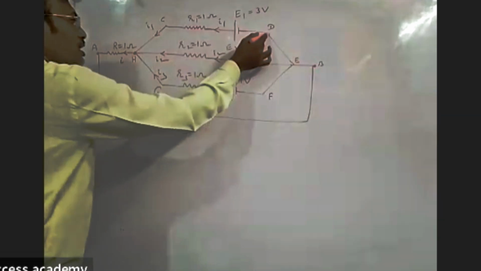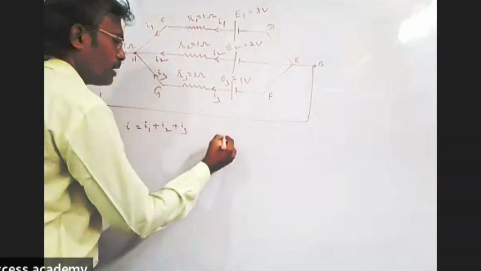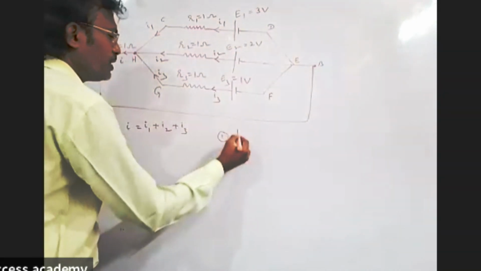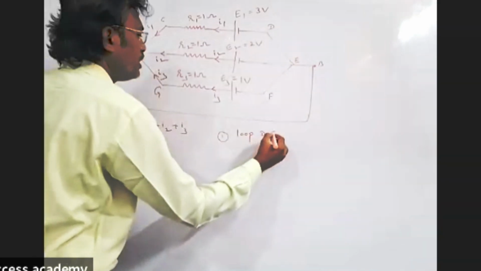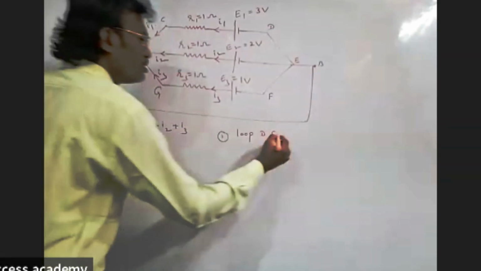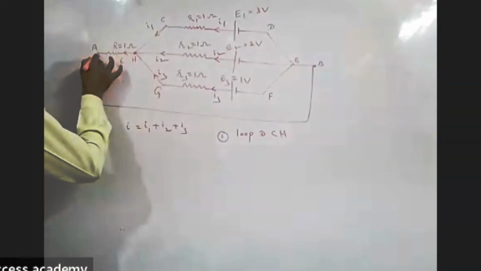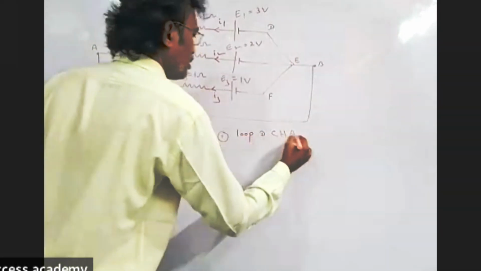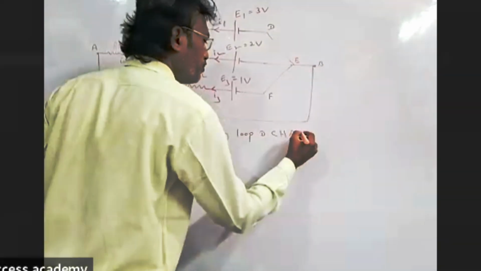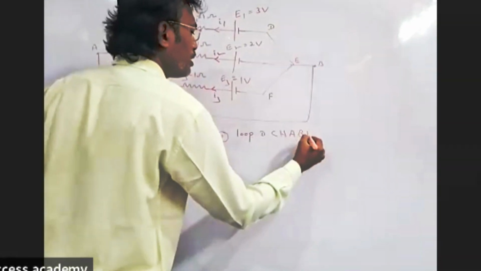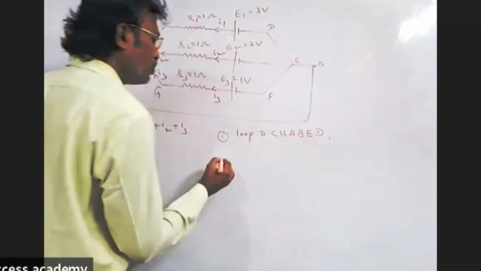I'm giving the hint. Solve this. First loop is D, C, H, A, and B. Move like this, B, E, and finally D. This is the first loop.